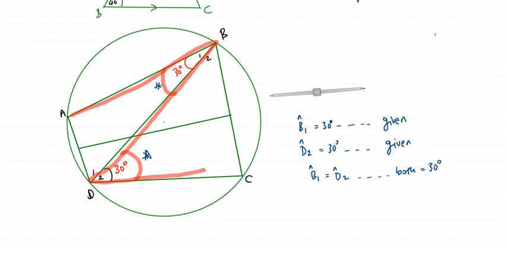This means AB should be parallel to CD. Why am I saying that? Because the alternating angles are equal. So the lines should be parallel.